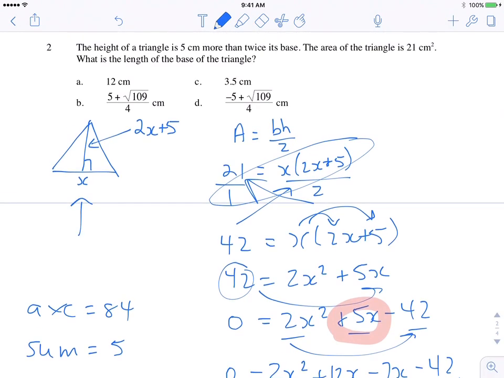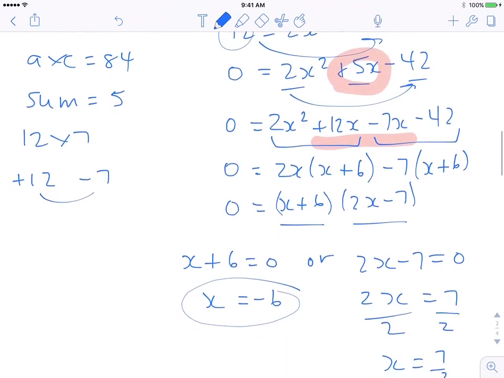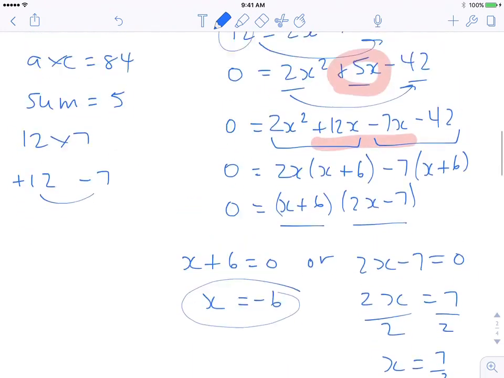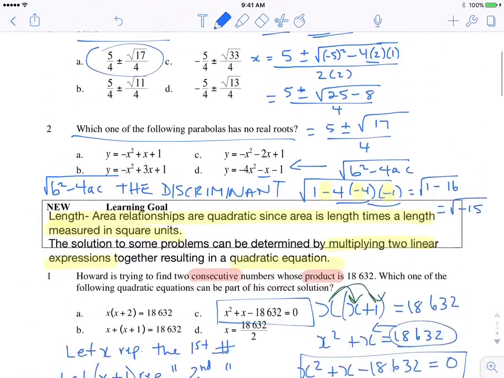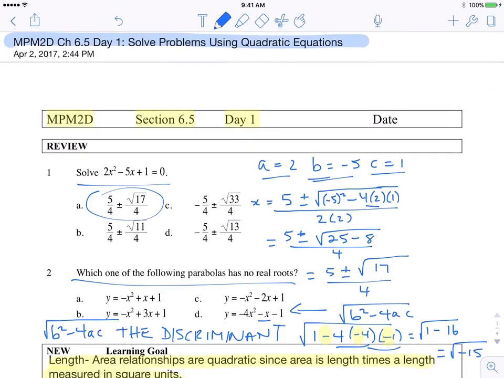So the only valid root that works for this question would be 3.5. So x equals 3.5 centimeters, and that's the answer to this question. The length of the base of the triangle is 3.5 centimeters. Okay, that's it for this lesson, and we'll see you in class.